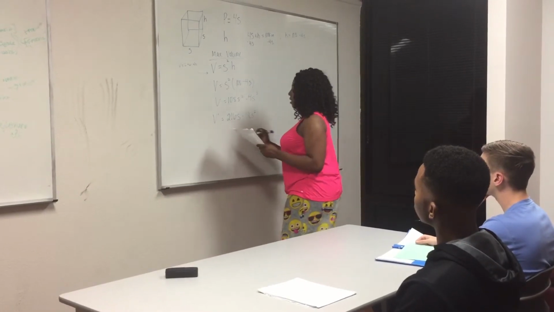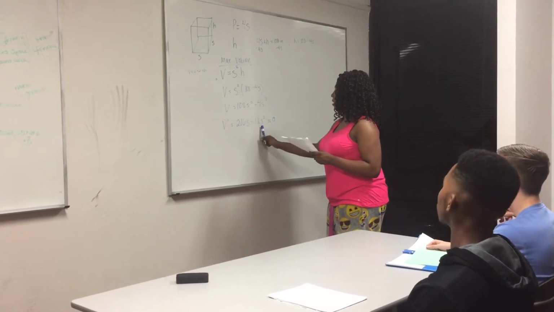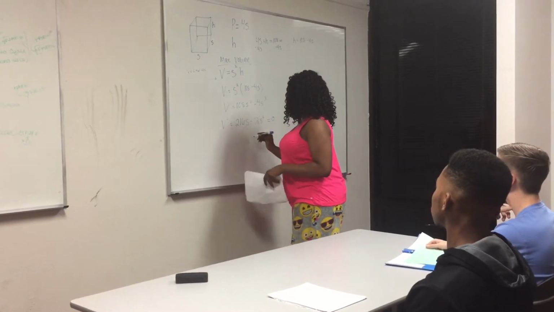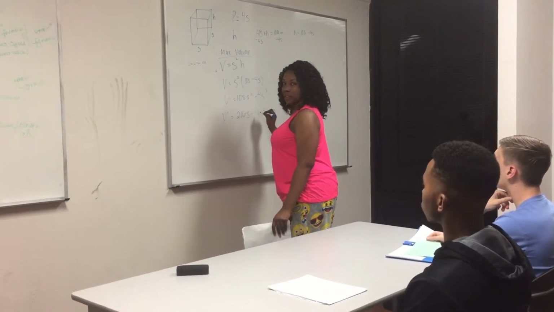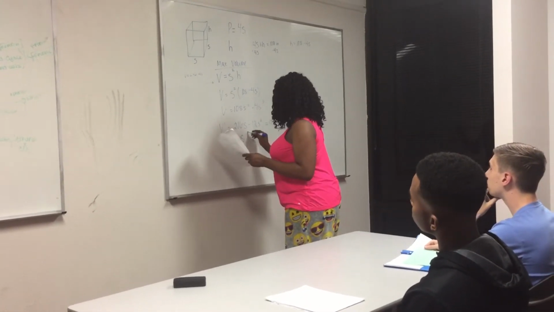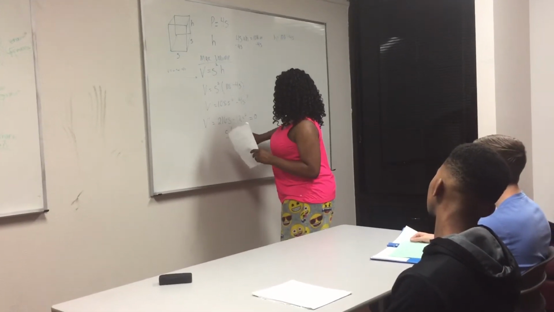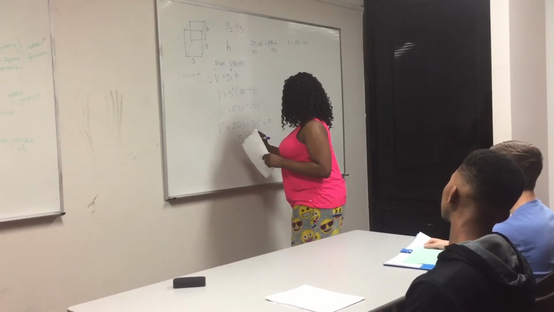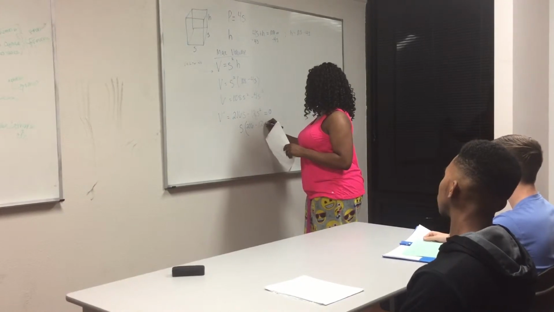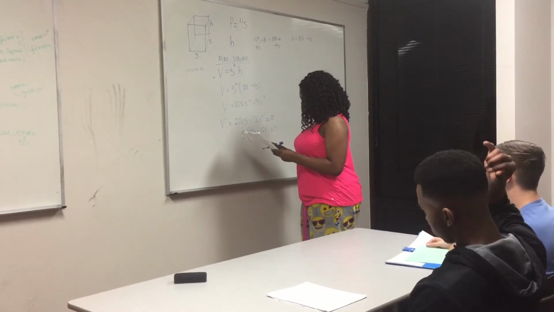What we're going to do is set this equal to 0. Now both of our variables are together, so we can solve for S. This has a common factor, and that factor is S. So now we're left with S times the quantity 216 minus 12S is equal to 0.